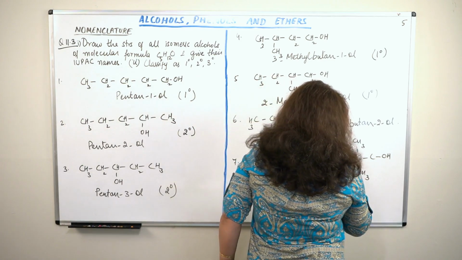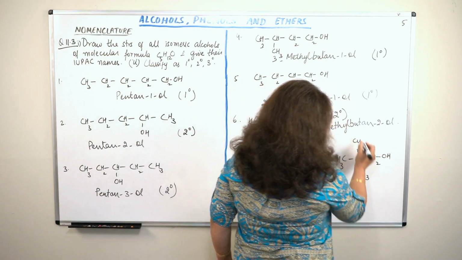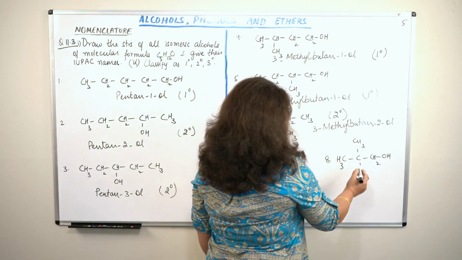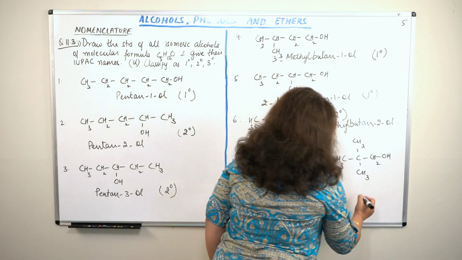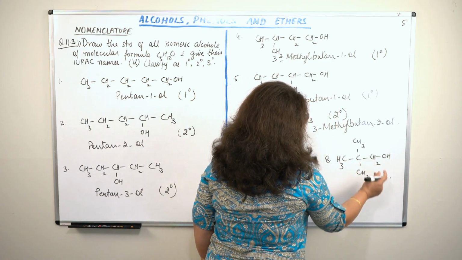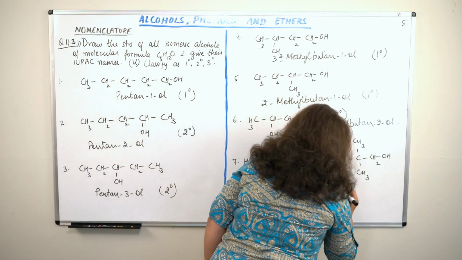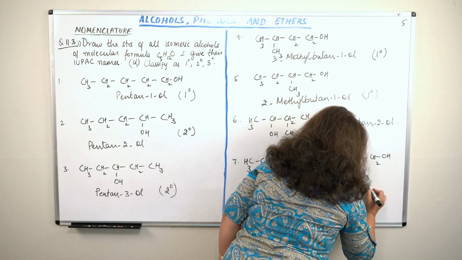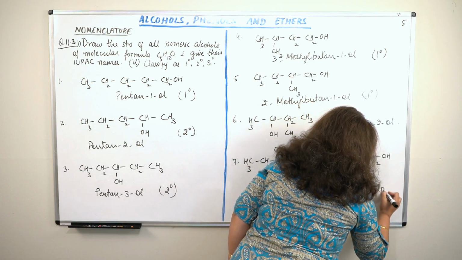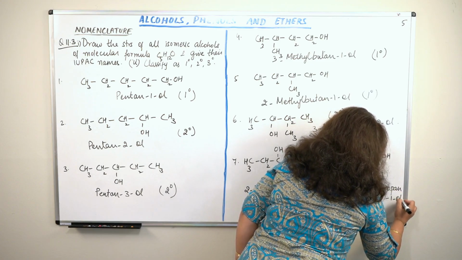Fill up here, CH3, no need of any hydrogen, CH2, and these two are already CH3s. So what is the name? This is propanol. So it is propanol, this is the first carbon, so it is propane 1-ol, and this is the second carbon, so 2, 2, it will be 2,2-dimethylpropane-1-ol.